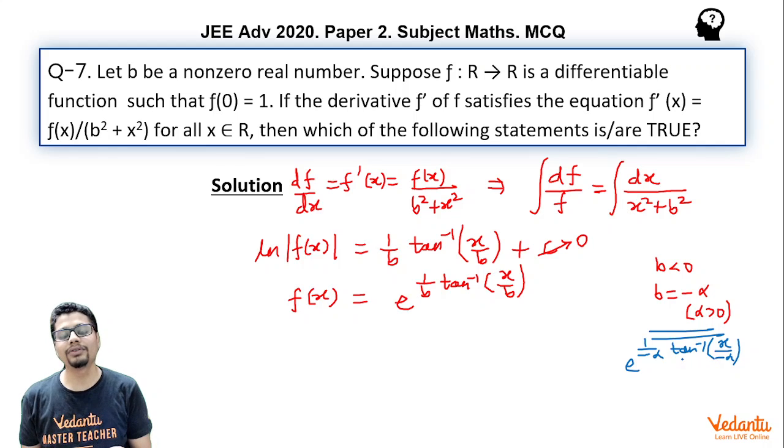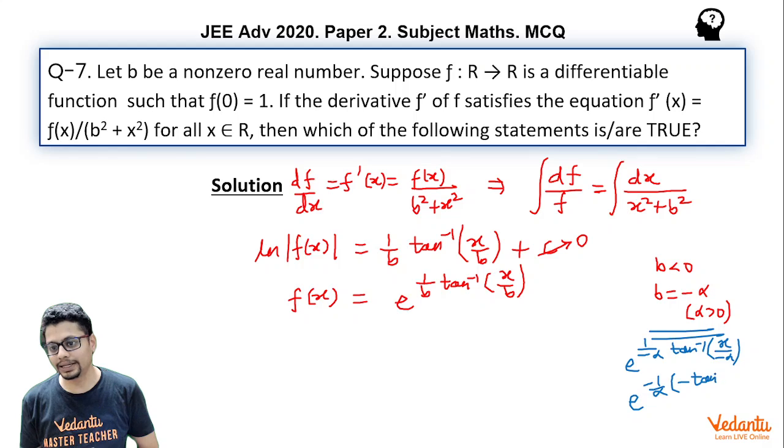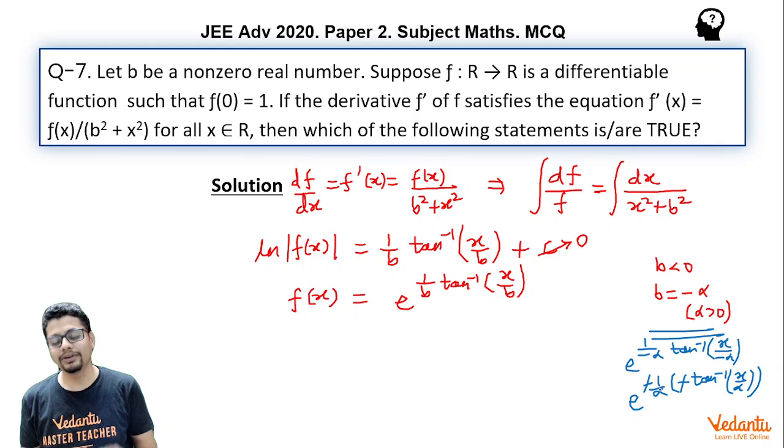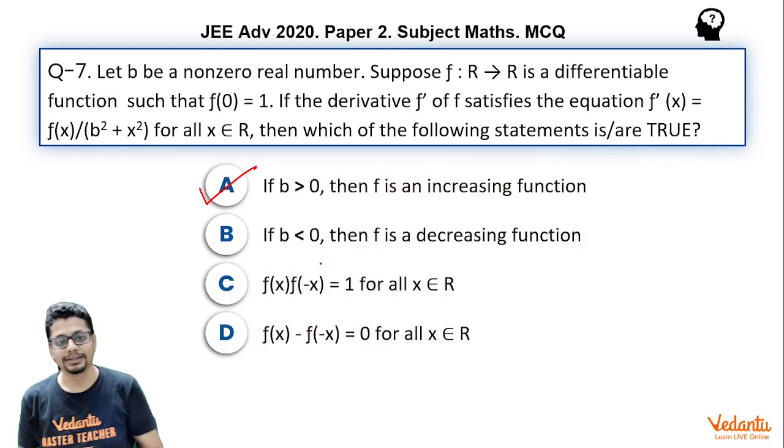And we know tan inverse of minus x is minus tan inverse x. So same, tan inverse of minus x by alpha is minus tan inverse x by alpha. So minus and minus cancels out and we get the same expression e to the power 1 by alpha tan inverse x by alpha, where alpha is positive. So it essentially means even if b is negative, f of x remains increasing. So this B option is wrong.